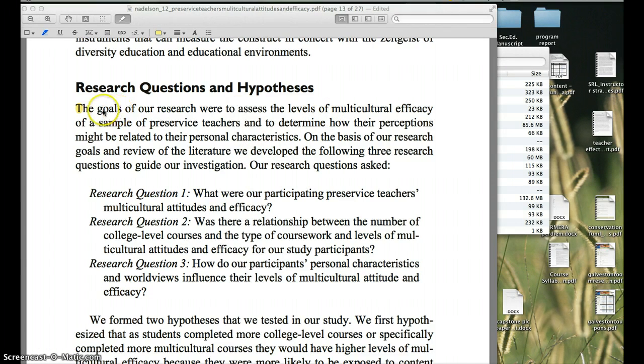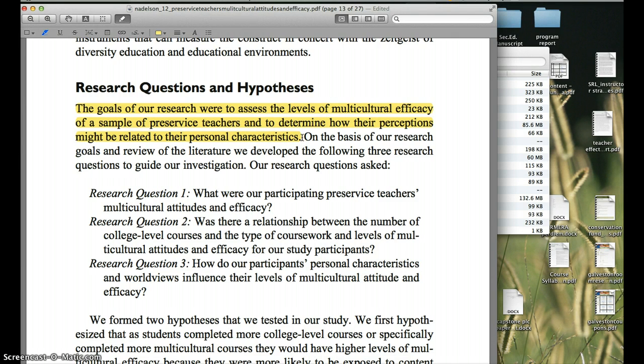And so first, they've had their overall goal, research question, research problem, which is right here. The goal of our research was to assess the levels of multicultural efficacy on a sample of pre-service teachers and to determine how their perceptions might be related to their personal characteristics.